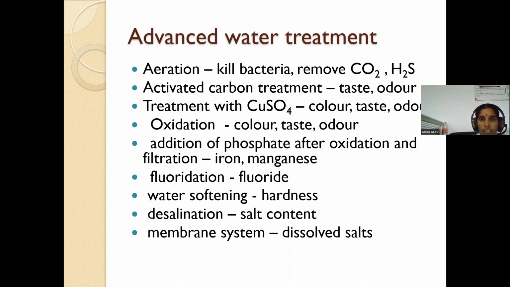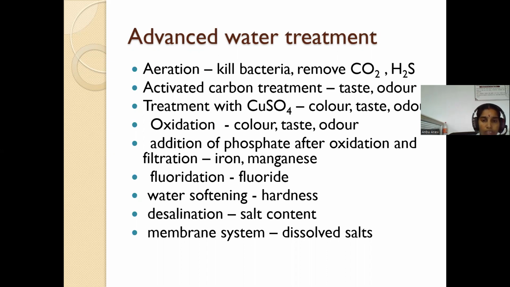Aeration. Aeration is used to remove carbon dioxide gas and H2S gas, to kill bacteria, and to remove iron and manganese. Next process, activated carbon treatment, is used to remove unwanted taste, color, and odor.